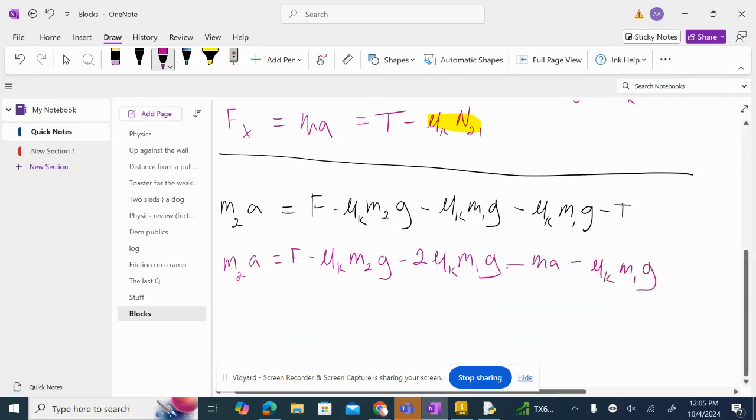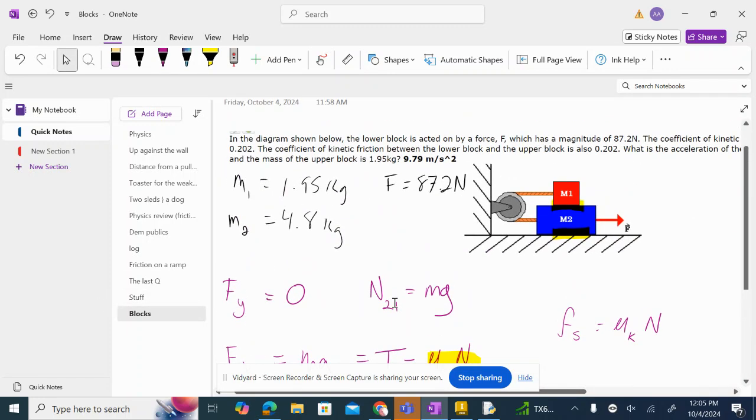This is because our tension is mass times acceleration, because we are being pulled, but there's also a force of friction pulling it the other way. So the force of friction works two ways. I'm going to go back to my picture here. Let's do it in rainbow. We have a force of friction being pulled this way by M1.